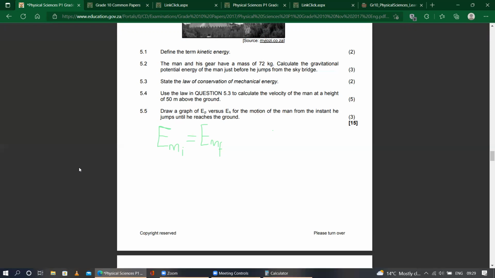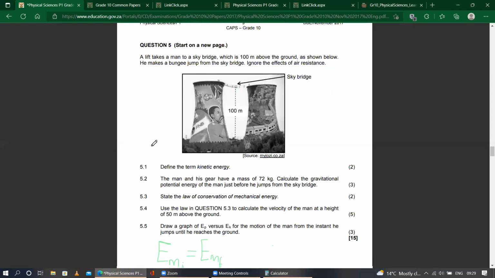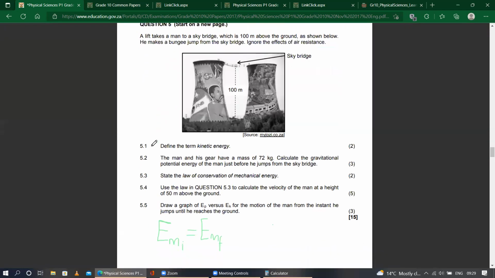Here we're going to have two velocities, the initial one and the final velocity. Let me place it like this so you can see the details of the bridge and the equation at the same time. So which velocity are we talking about?